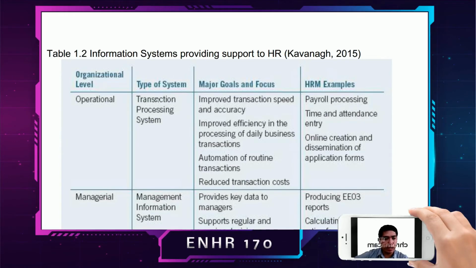Makikita mo na ang ginagamit dito is the transaction processing system. Ang goal is to improve transaction speed and accuracy, improve efficiency and the rest, and the different examples where HRM could use this type of system. Okay?